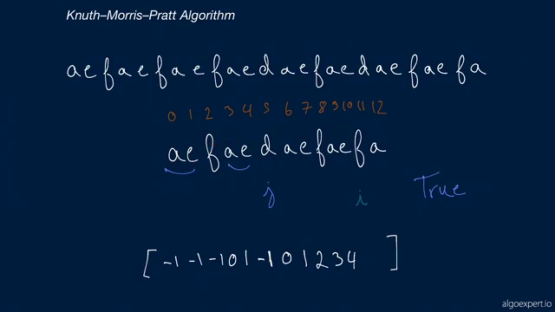So that's exactly what we're going to do. We're going to say this J is going to be equal to whatever is stored in our pattern one index before J, so here, the letter right before index J, which is this E. Let's see what pattern it matches. It matches the pattern at index 1, right?